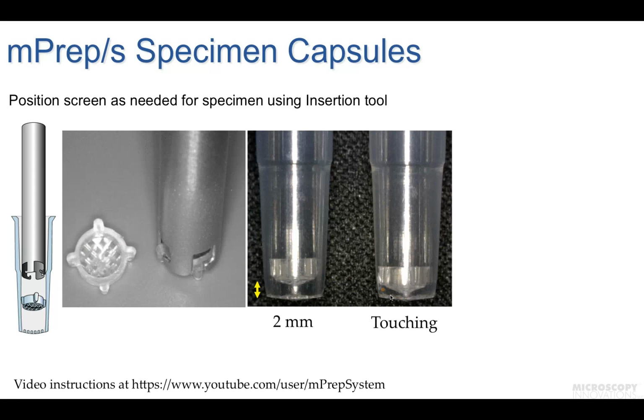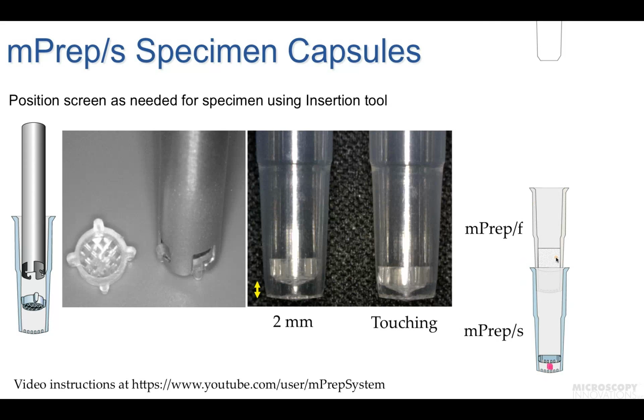I'll also in a moment show how the screens engender orientation. So how they're used. Diagrammatically, here's a specimen that's entrapped in the capsule. Once the specimen is loaded, we can attach an mPrep F filter coupler. There's a filter here like a pipette tip filter, and that prevents accidentally drawing things like embedding reagents directly into the pipetter.